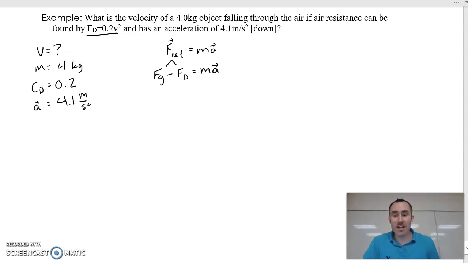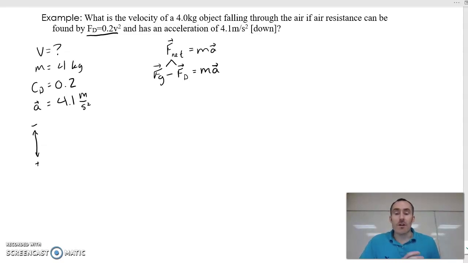So what I have said here is that up is negative and down is positive, which is not normally how we do this, but in this case, to me, that makes sense to make positive the downward thing, because that is what the acceleration is doing. Okay, so that's my choice. You can do it the opposite way if you want, and it will work out fine. Your answer will just be negative in the end.